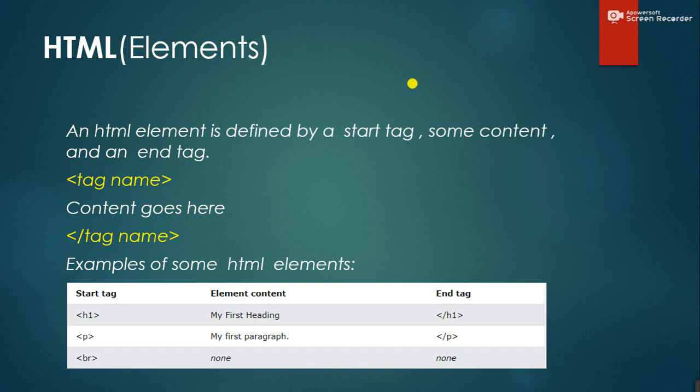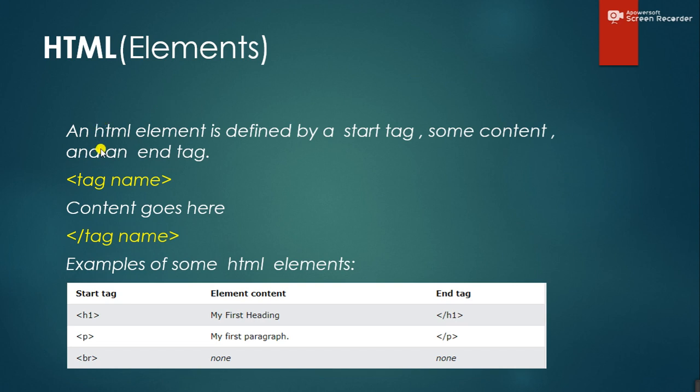I welcome you to the fourth tutorial of HTML, in which I will teach you about HTML elements. What is an HTML element? An HTML element is defined by a start tag, some content, and an end tag.